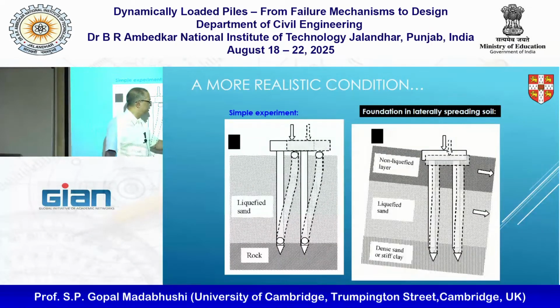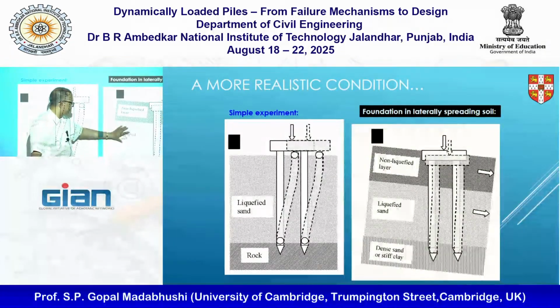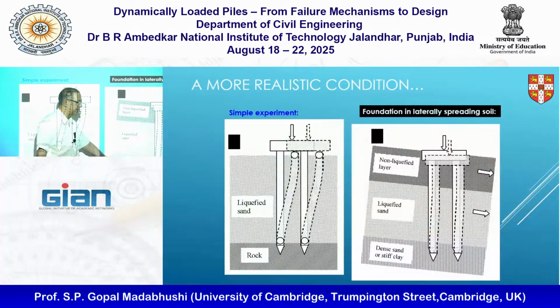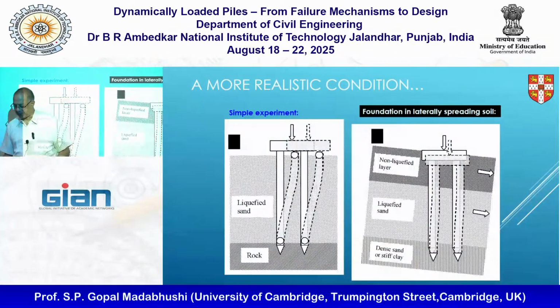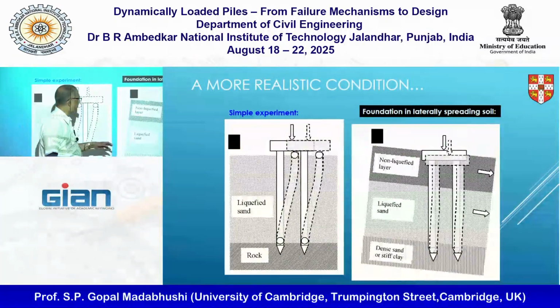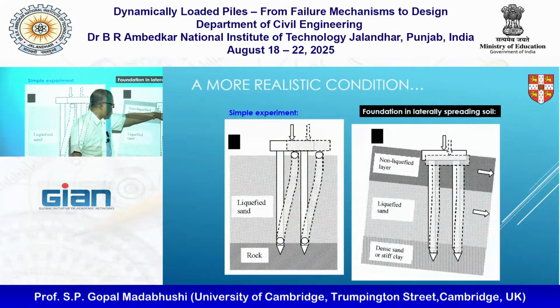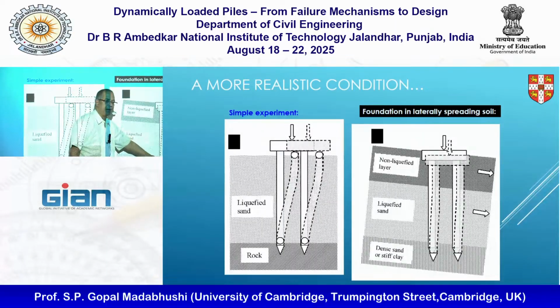Then you will have this kind of situation where you have a non-liquefiable layer on the top, liquefiable sand and dense sand. So what is the mechanism we expect here? We expect that the pile will now translate a bit horizontally, but also settle a bit.